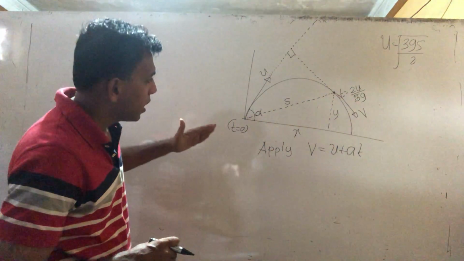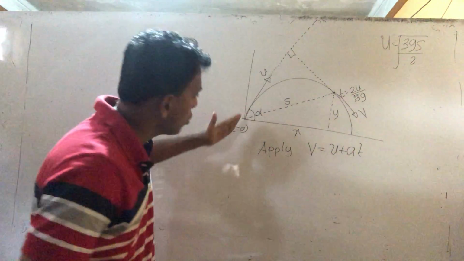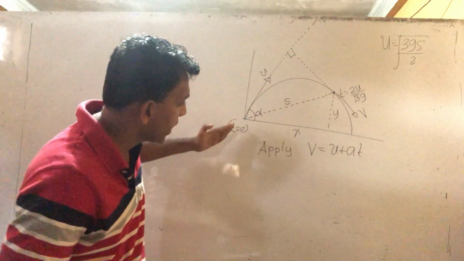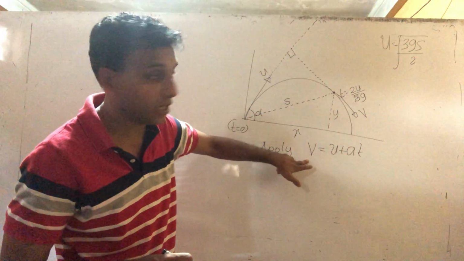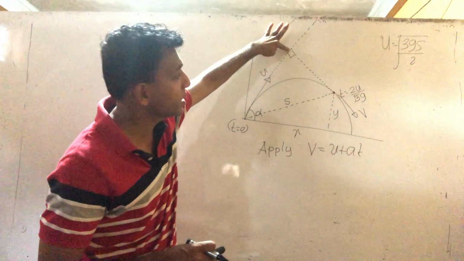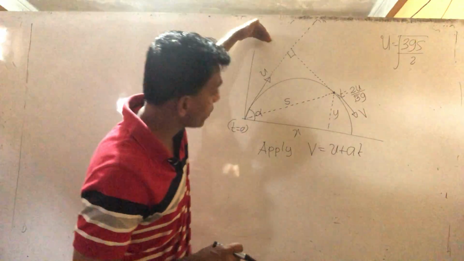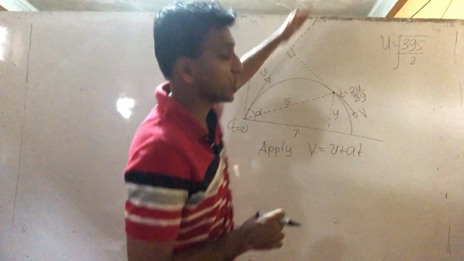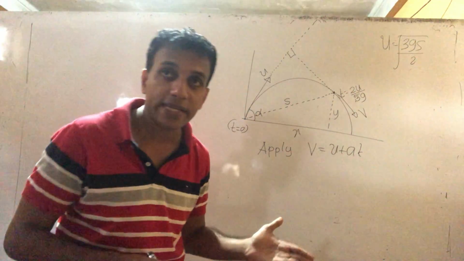We apply it along the original initial direction. The final velocity along this direction is 0, because it goes at a right angle, no? It is moving at a right angle, not in that direction. Therefore v cos 90 is 0.